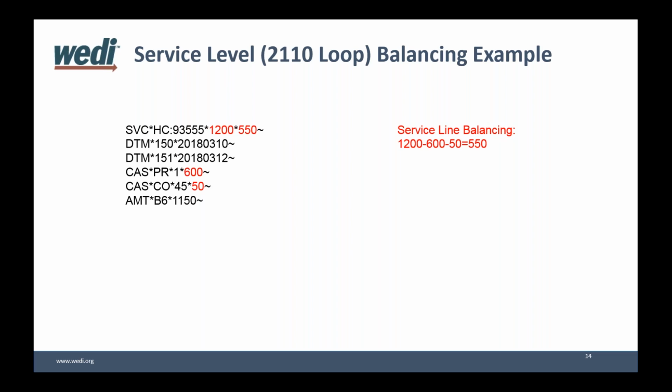And then we have a patient responsibility of $600, and then we have a contractual write-off of $50. So the balancing for this service line is $1,200 minus $600 minus $50 equals $550. So the net paid for that line is $550. As you can see, because these are positive numbers, we're subtracting them from the actual billed amount. Next slide, please.